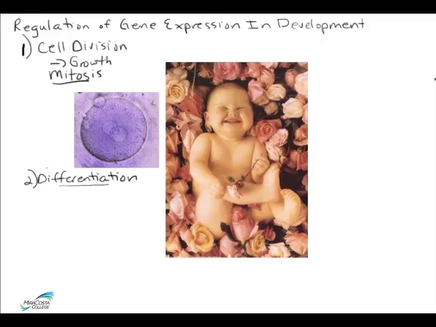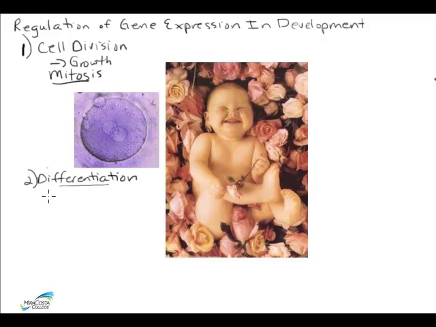So all of the cells produced by mitosis, as we've talked about before, are genetic clones of one another, and yet we know that as a multicellular organism, we're made up of different organ systems that are comprised of different organs and different tissues, those tissues being made up of multiple cell types, each with different characteristics that are specialized to carry out some function.